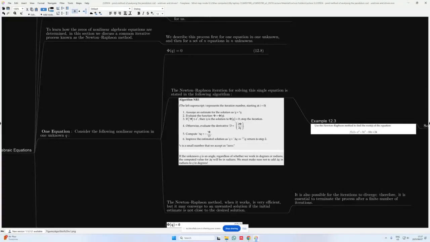So we essentially start with an assumption or an initial guess for whatever our root value will be. We can then evaluate the actual function, phi superscript i, so the ith function evaluation, which is a function of the initial estimate that we made for the root.